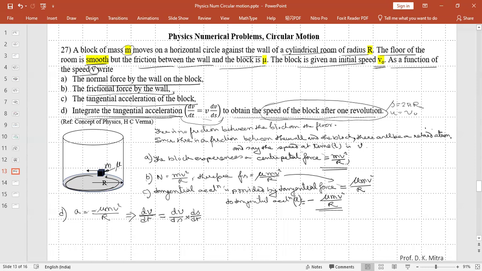Now, what is ds by dt? Time differential of displacement ds is always v. So it is v multiplied by dv by ds.